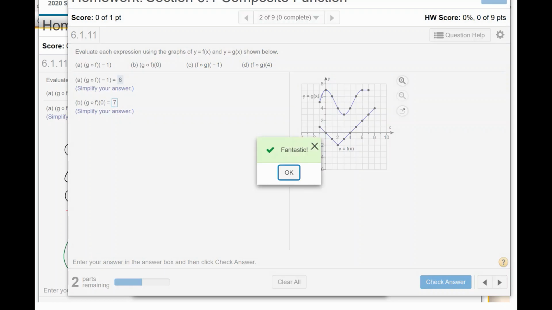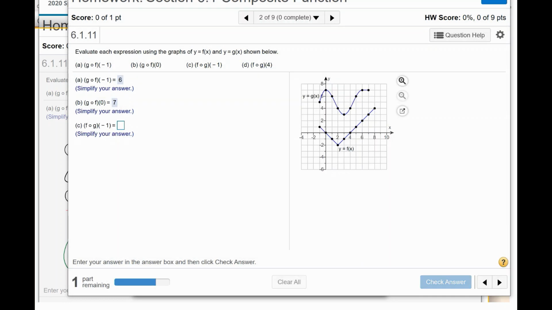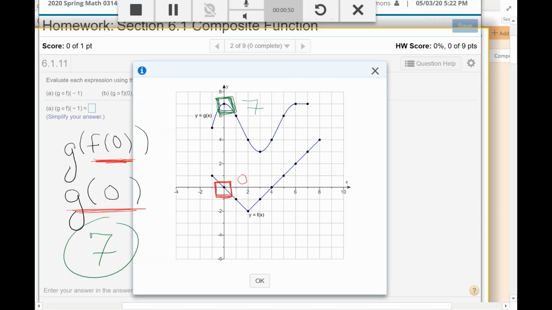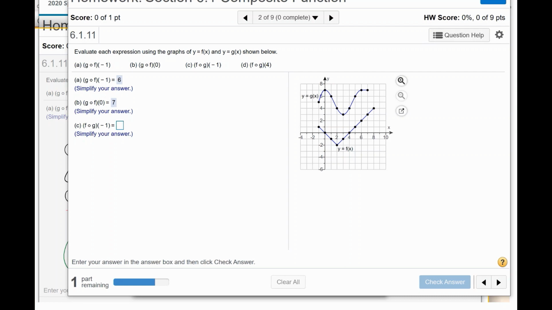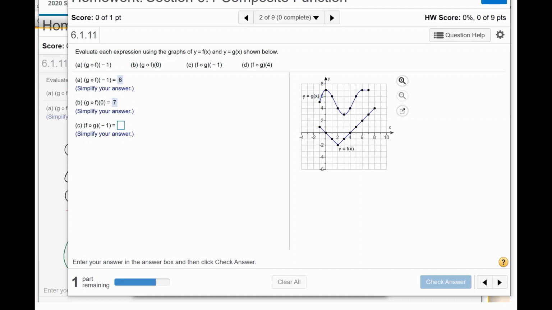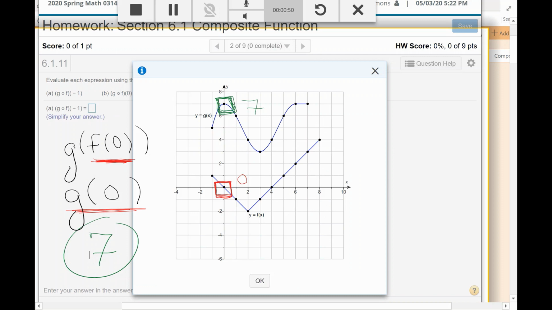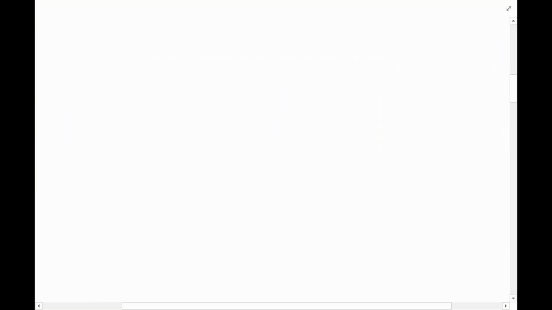Okay, I want to do these last two because they switch the order. What does it say? F of g of -1. I'm going to screenshot this, just so I can have a fresh screen here.